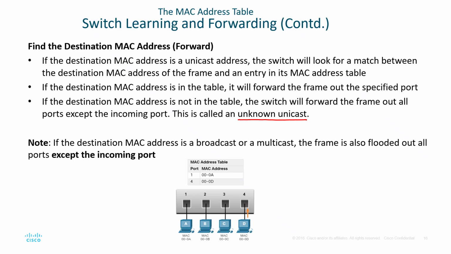So in this example, if PC1, which you see listed here in the MAC address table, is sending information to PC4, it simply goes from 1 to 4.